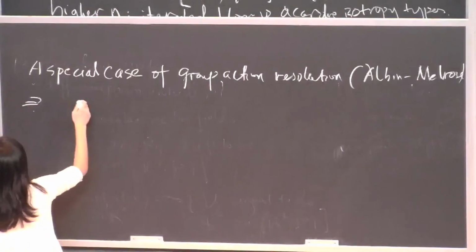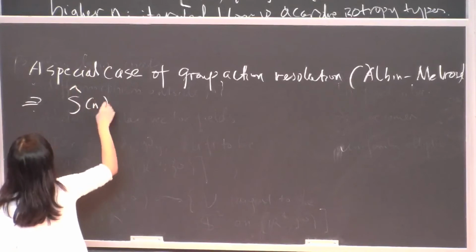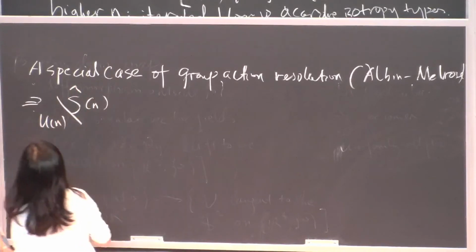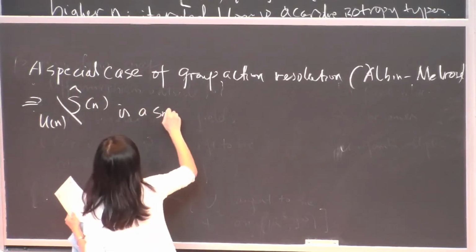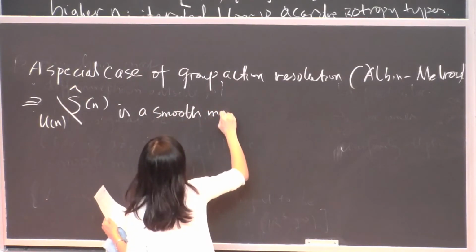In particular, what we see here is that the space under this U(n) action is a smooth manifold with boundary.